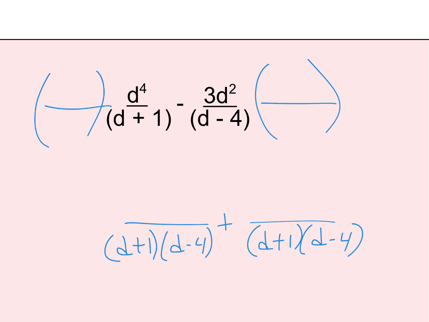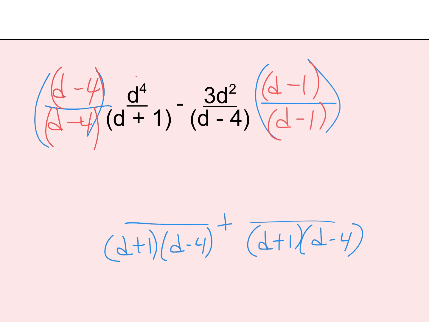You might even know that you're supposed to multiply this one by d minus 4. But if you can't actually do it, you don't know how to actually multiply that out, then this one by d minus 1 and this one by d minus 1. You might know you're supposed to do that, but if you can't actually do it, that's what's going to keep you away from the A.